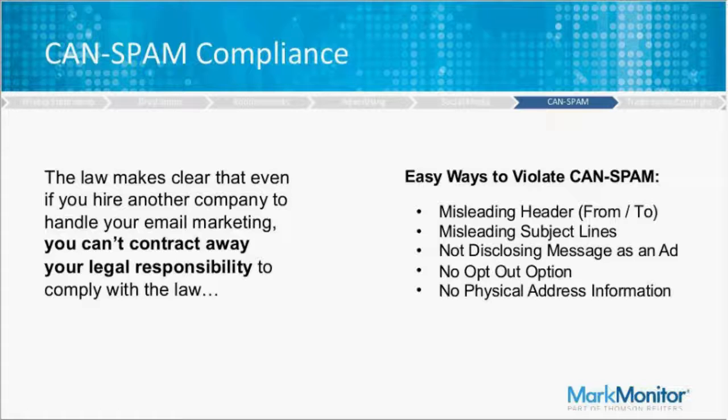If there's no opt-out information, if you can't opt out of that email, then you're going to fall under this CAN-SPAM compliance situation, and then no physical address. So from a perspective of your brokers and dealers and franchisees, if they're sending out messages, you want to know what they're sending out. And so if your compliance team needs to approve them first, which isn't always the easiest way, but either way, you've got to stay on top of it.